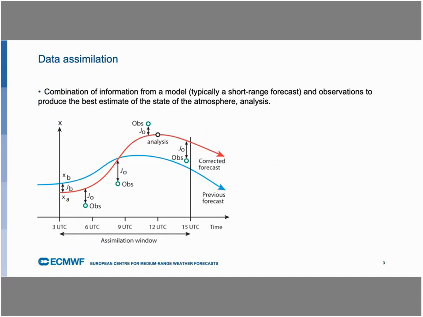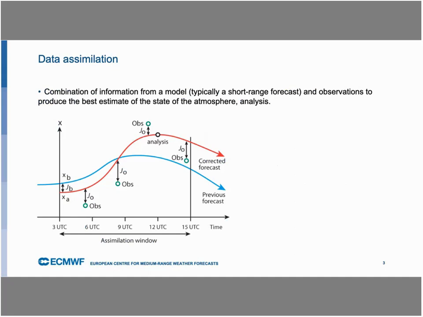So the aim of data assimilation is to combine information that we have from the atmospheric state already from the model, and this is typically a short-range forecast. In the schematic figure shown in this plot, it's the blue line, so xb is illustrating the model background information or the first guess information that we have available.